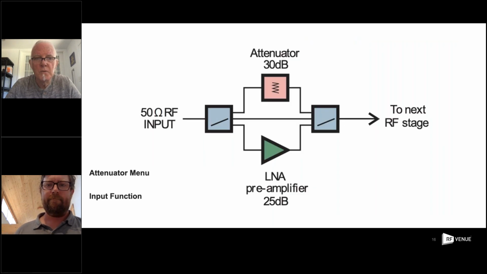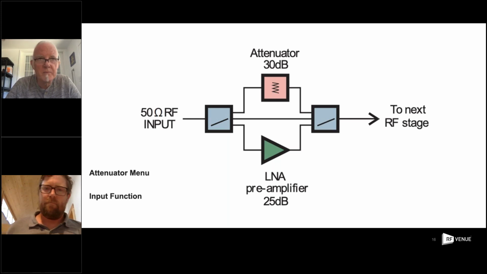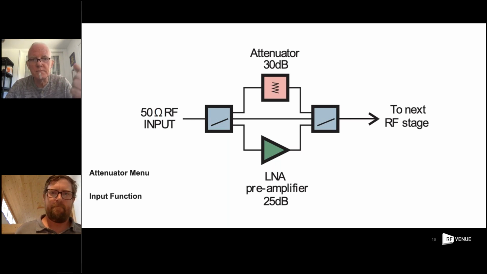So you need to be aware, if you want to start measuring transmitters, when you get much power up next to a scanner, the front ends are extremely sensitive and you run the risk of blowing up the front end of your scanner. So that 30 dB attenuator that's in there is there primarily for most people, so you could measure the output of your sticks or your belt packs, and make sure everything's working the way it's supposed to.